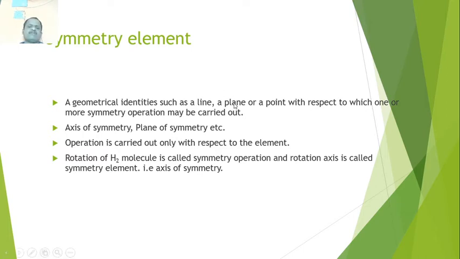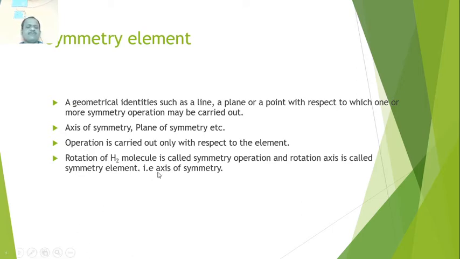Or if you perform an operation with the help of a plane, then it is called a plane of symmetry. That means these two are interrelated to each other. Without symmetry operation, you cannot explain symmetry element, and without symmetry element, you cannot define symmetry operation. So they are interrelated to each other.